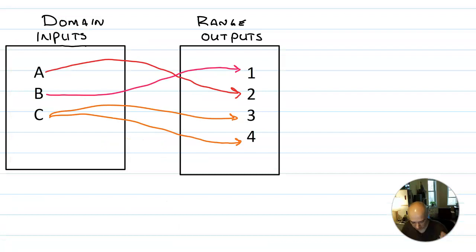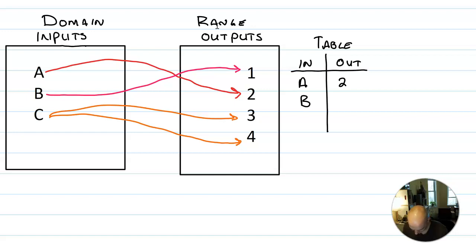Some other ways to look at these sets of inputs and outputs, one would be as a table, where you make a column of your inputs and a column of your outputs. This is very familiar to anyone that's made a graph. So you might have an input of A and an output of 2, and an input of B and an output of 1, and an input of C and an output of 3, and this is a little bit of a quandary.